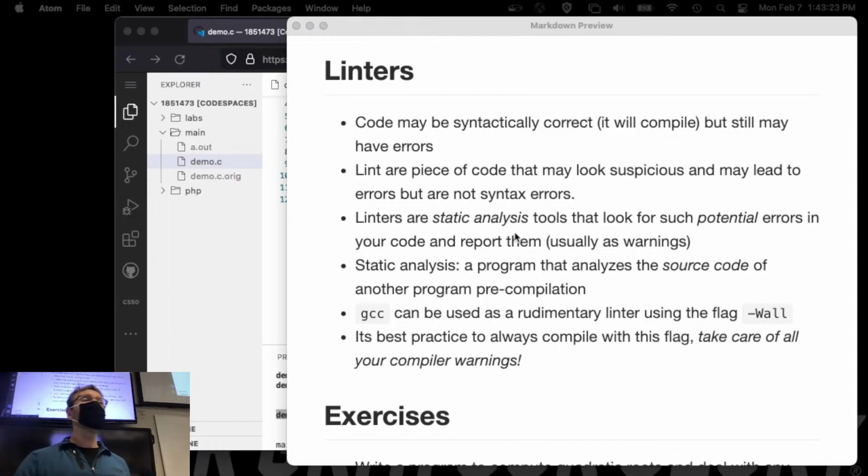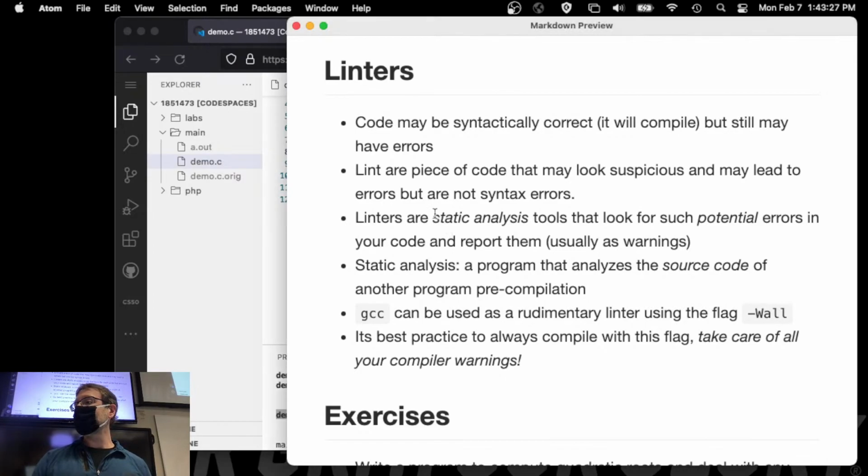Linters in code are exactly kind of like that, right? It's a static analysis tool. Static analysis refers to analyzing code before it gets compiled. There's also dynamic analysis, which looks at code after it gets compiled as it's running. We'll take a look at some dynamic analysis tools later on, the most common being debuggers.